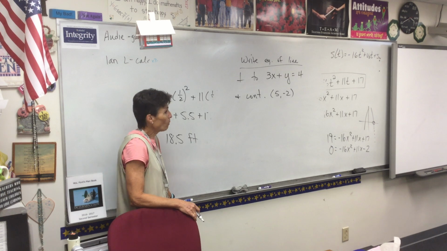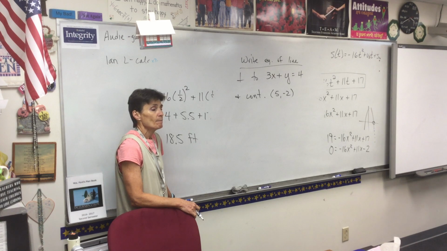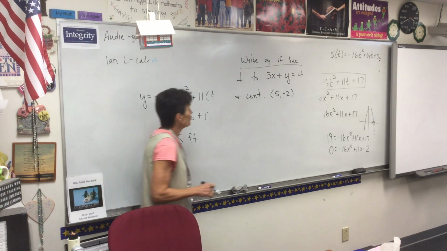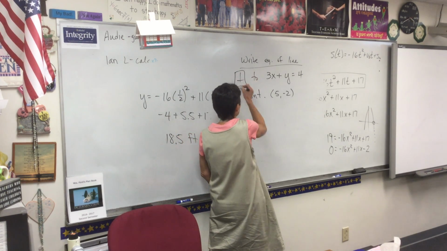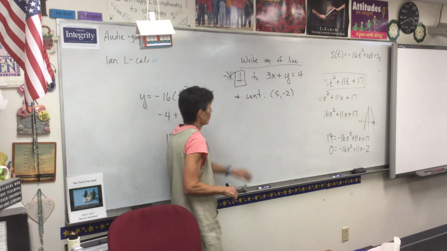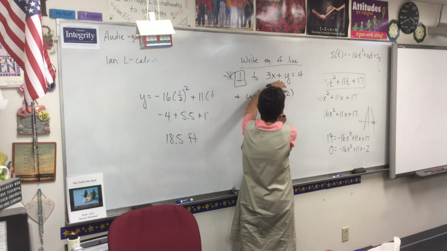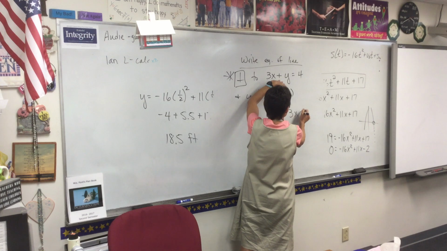If you're given 2 points, you know how to find the slope, y minus y over x minus x. But you weren't given 2 points. You were told it's going to be perpendicular. So what's the slope of this line? y equals negative 3x plus 4.